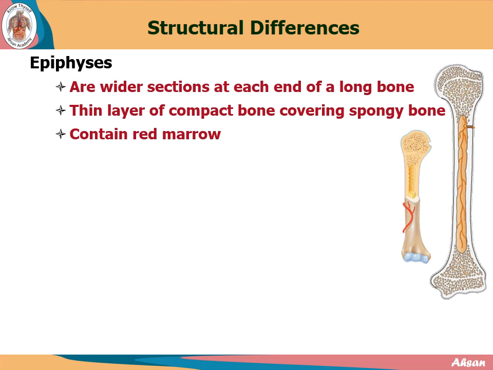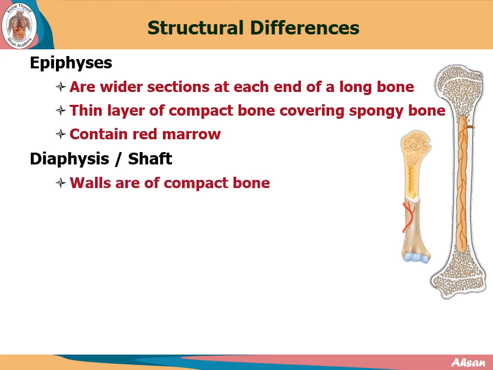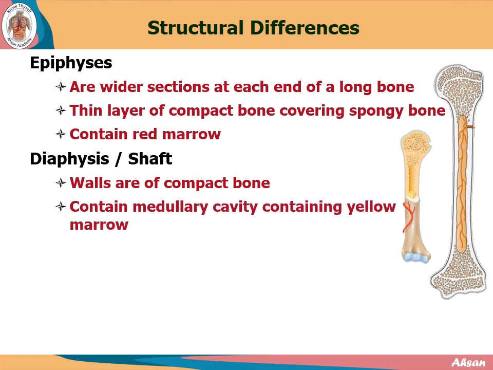On the contrary, in the shaft or diaphysis, the walls are compact. A thin spongy layer may be present inside, and a wider cavity is present in the shaft region. That cavity contains yellow bone marrow, meaning it is almost totally fat.